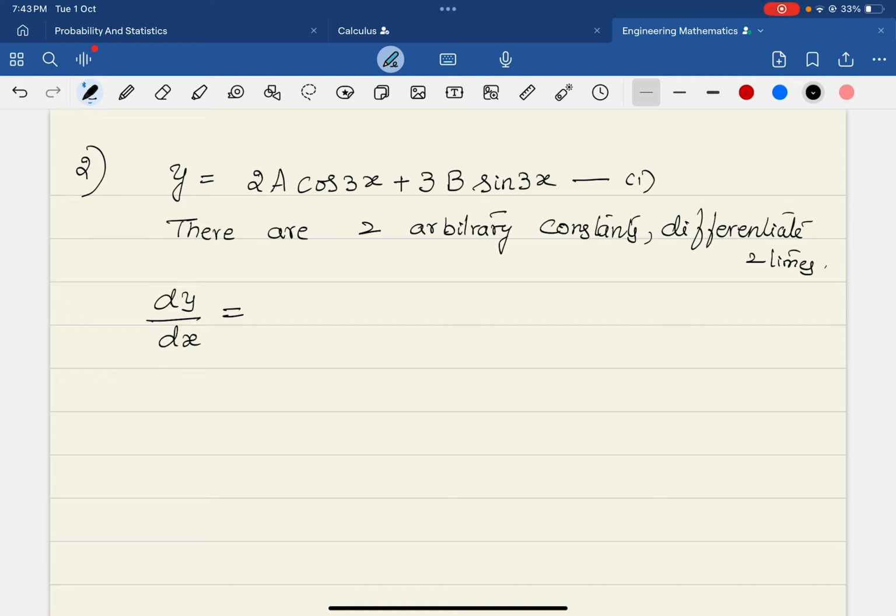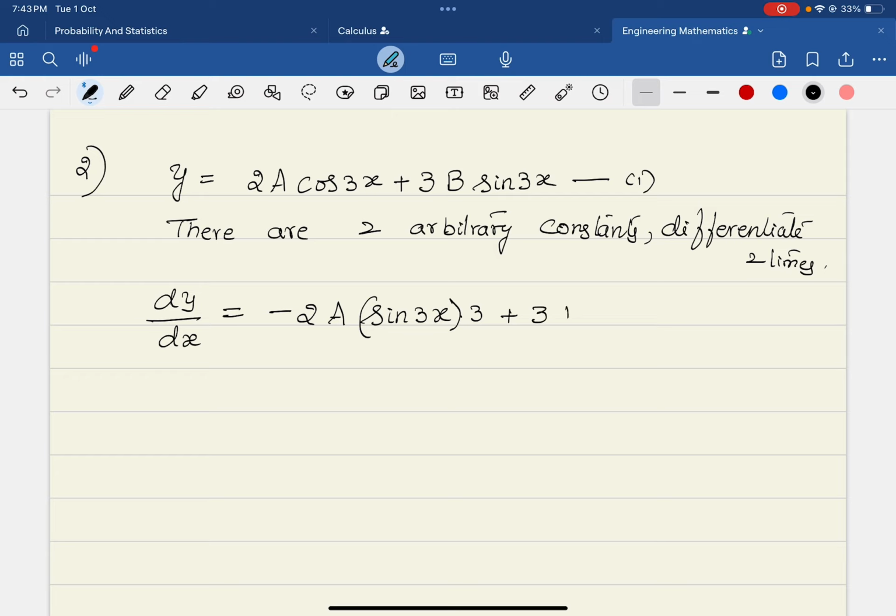And now what is the derivative of cosine? Cosine derivative is minus sine. So it is minus 2a sine 3x. Now again, by using the chain rule, it is into 3. And 3x derivative is 3. Now sine derivative is what?